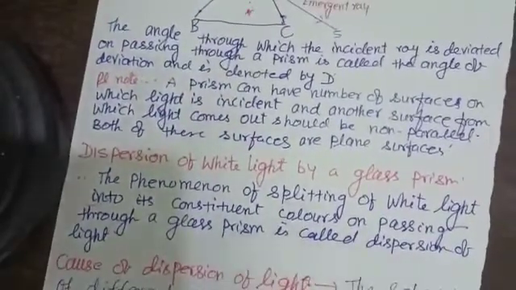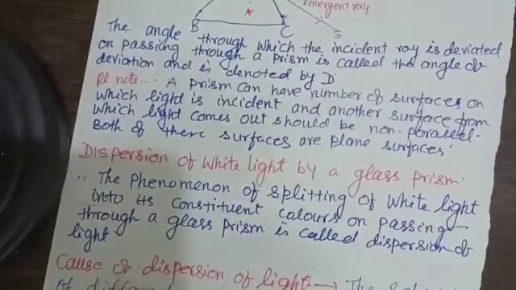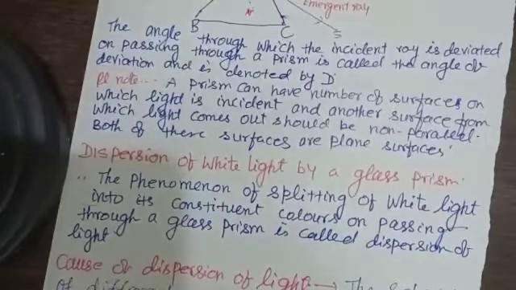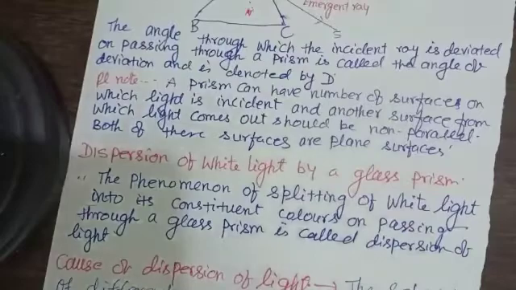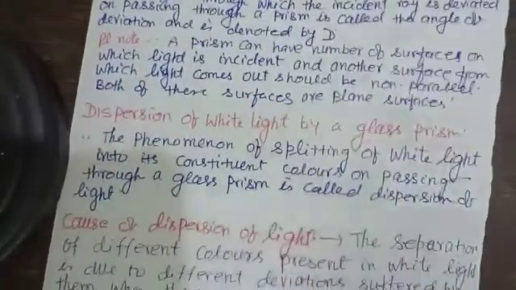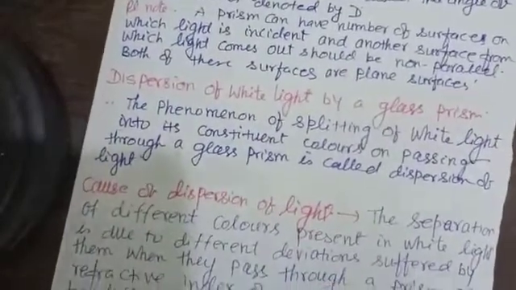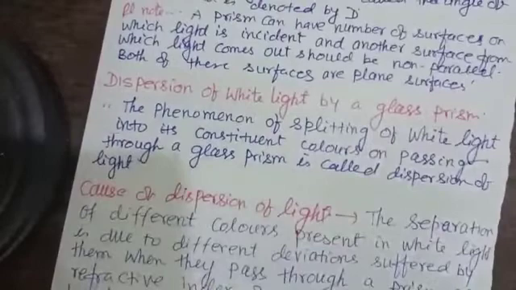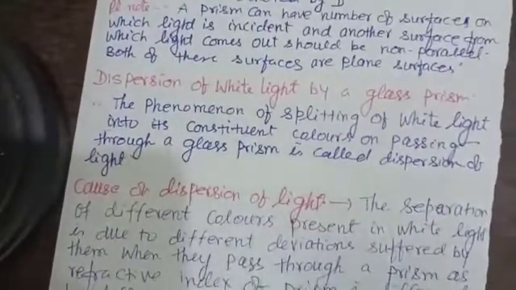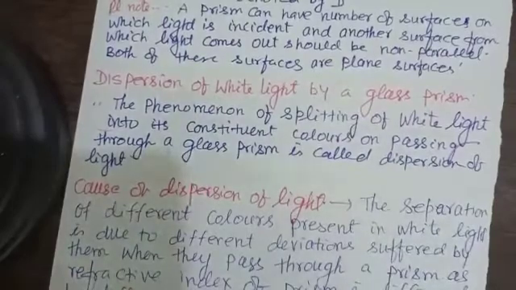Now why does the dispersion of light take place? The dispersion of light, the separation of the colors present in white light, is due to the different deviations suffered by them when they pass through a prism, because the refractive index of the prism is different for different colors.